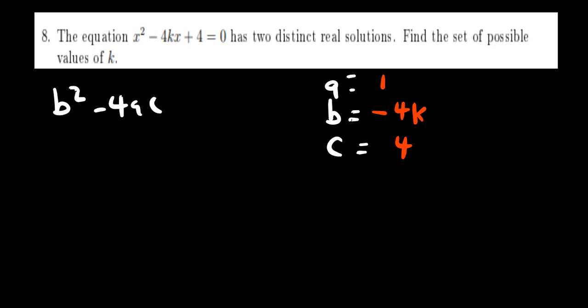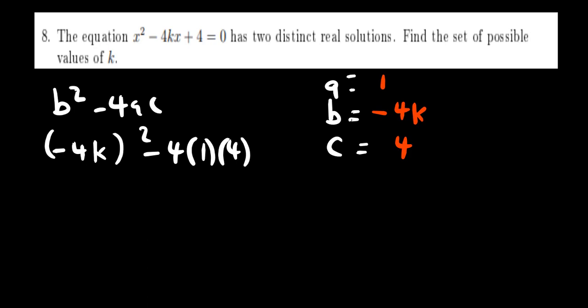Replacing b with negative 4k squared, minus 4 multiplied by a, which is 1, and c, which is 4. Negative 4 squared is 16, then k squared, minus 4 multiplied by 1 multiplied by 4, that is 16.